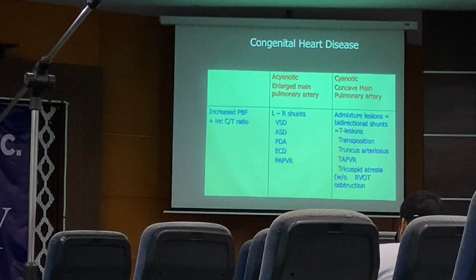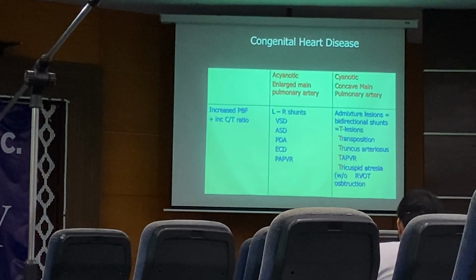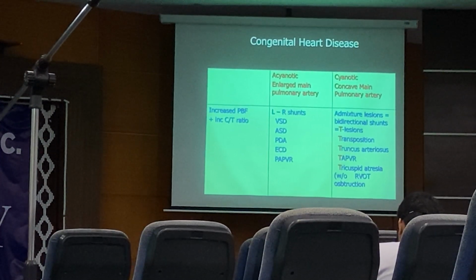So among these, a wise guess, the patient would come in acyanotic, and on the chest X-ray, the cardiothoracic ratio is increased, or you have an enlarged heart, and the pulmonary vasculature shows pulmonary congestion.